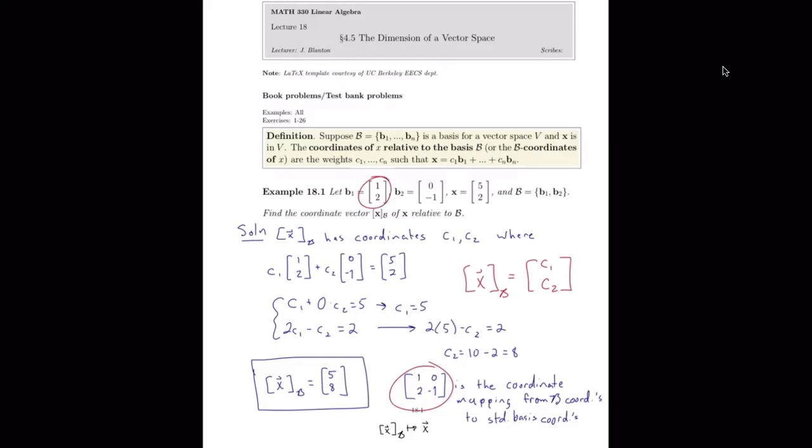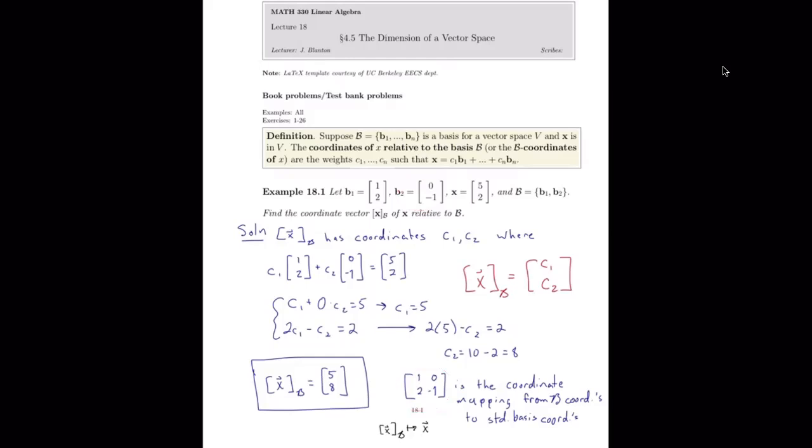The first row times that vector gives 1 for the first entry, and 2 minus 2 for the second row. So you get 1, 0, your first standard basis vector. Then applying it to b2, we get 0, and then 2 times 0 and -1 times -1, we get 0, 1. That's our second standard basis vector.